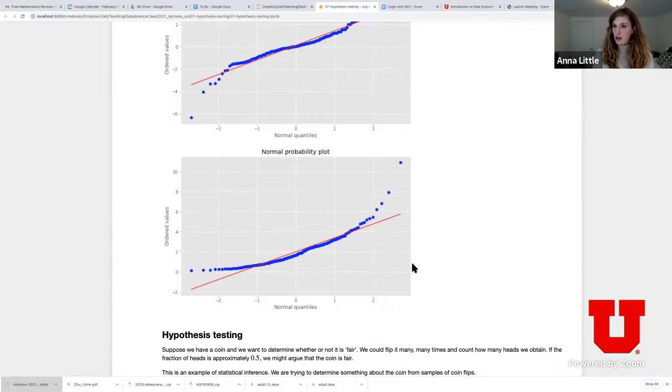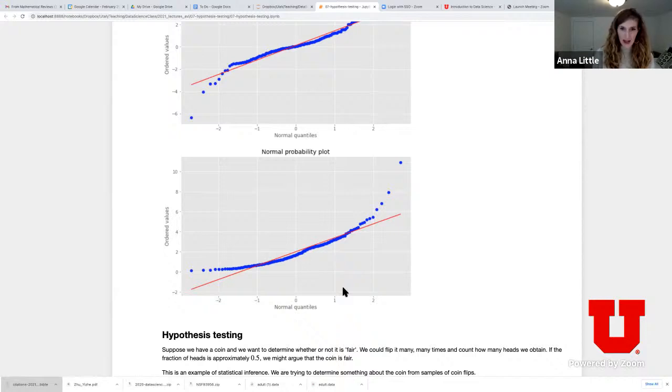I also have a question: would it be appropriate to do a correlation test to see if the data is normally distributed? Yeah, you could do that. If you want some indicator of whether this is a line, you compute the correlation of that plot, and it will be some kind of indicator about how linear it is.